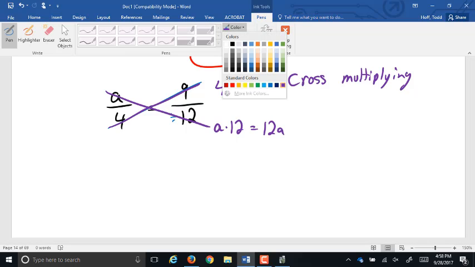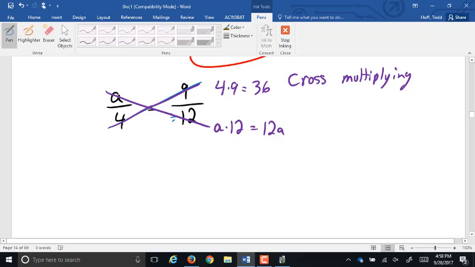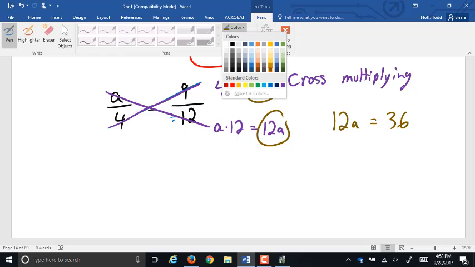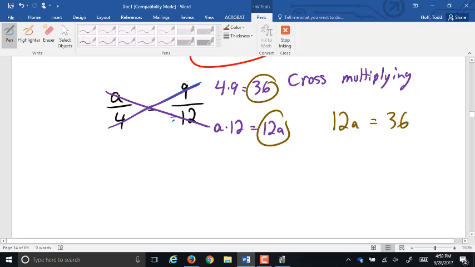Thank you, 12A, good. Those have to be equal to each other. 12A has to equal 36. Now we can solve for A by dividing by 12. Perfect. So A still equals 3.